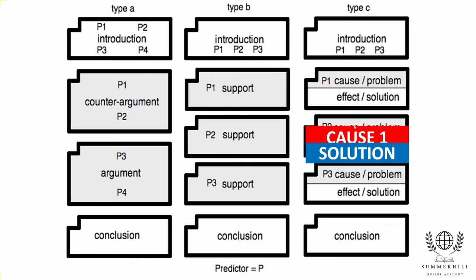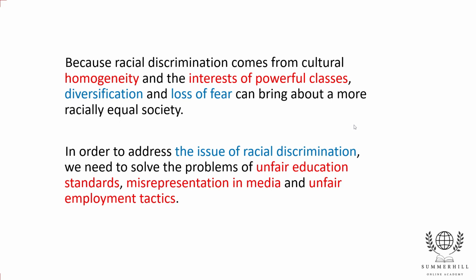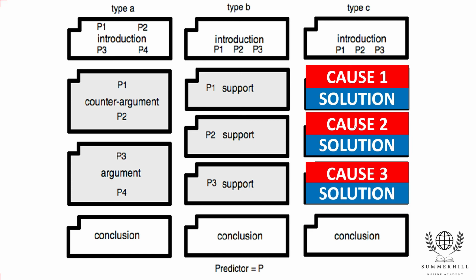So this would correspond to a Type C essay, in which we're describing 3 causes, but we're also discussing the 3 solutions to these 3 issues. In this case, unfair educational standards, misrepresentation in media, and unfair employment tactics. So that would be a Type C essay.